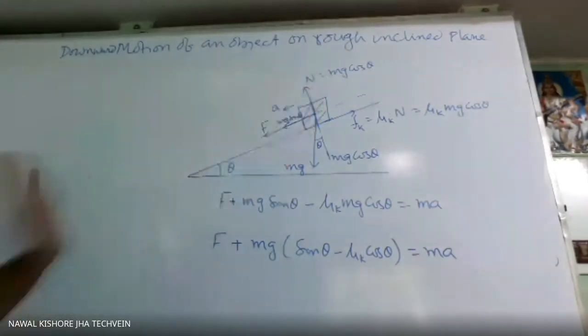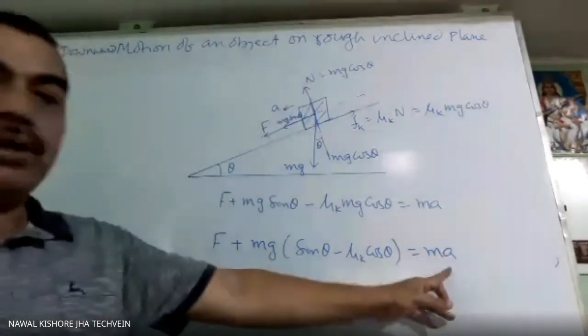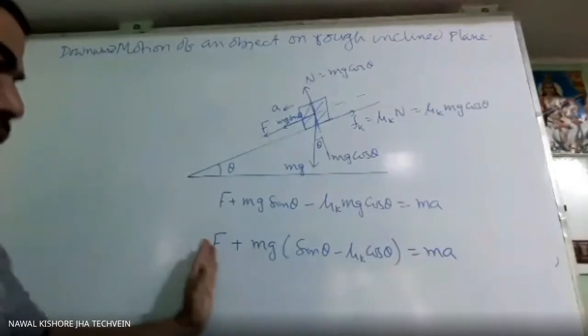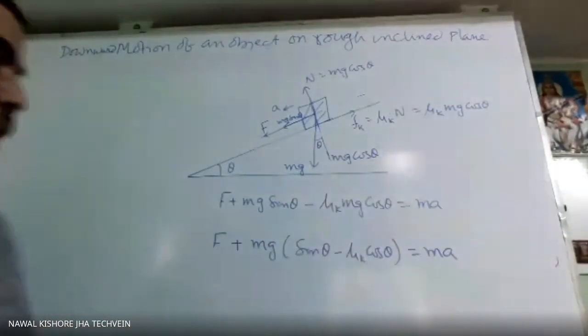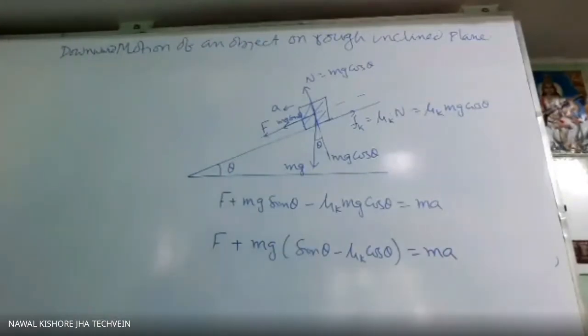If it is moving with constant speed, a will become 0. Then the force required will become, we go that side, mu k mg cos theta minus mg sin theta.